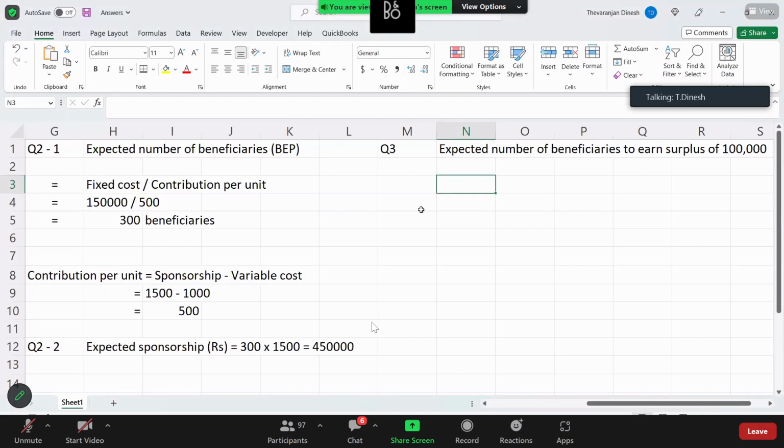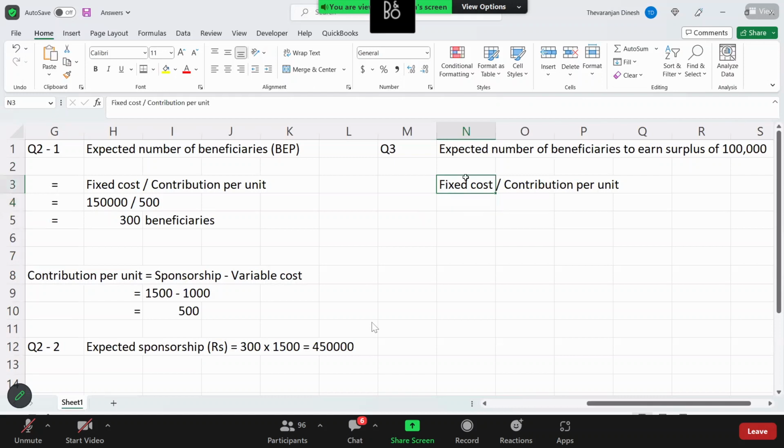So you know that to calculate the break-even point, this is the formula: fixed cost divided by contribution per unit. Right now, our question is break-even point plus an additional 100,000.